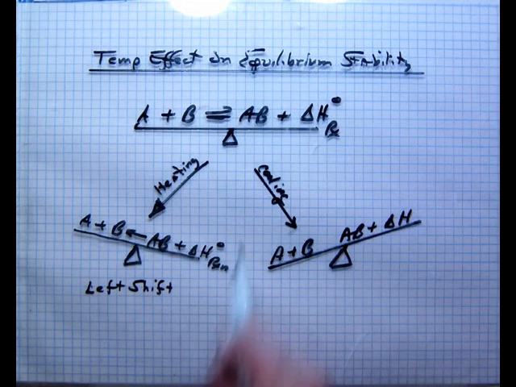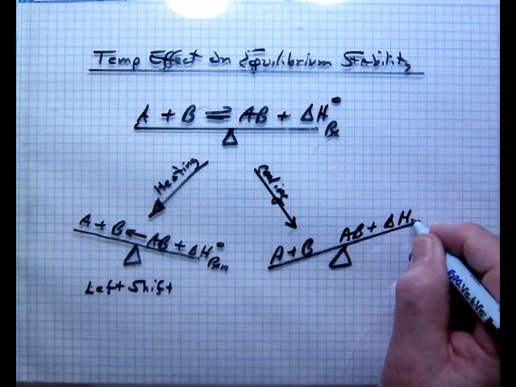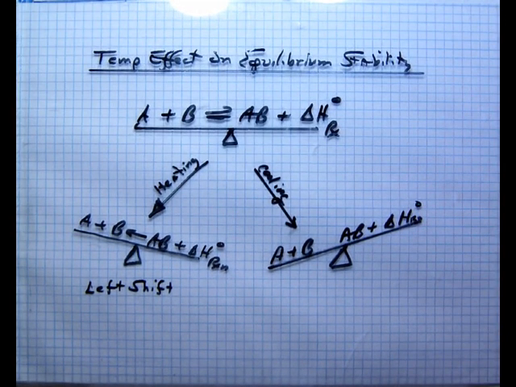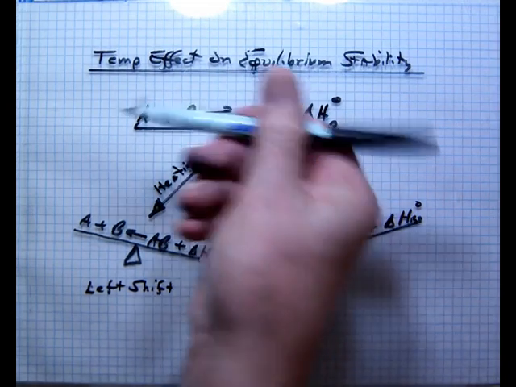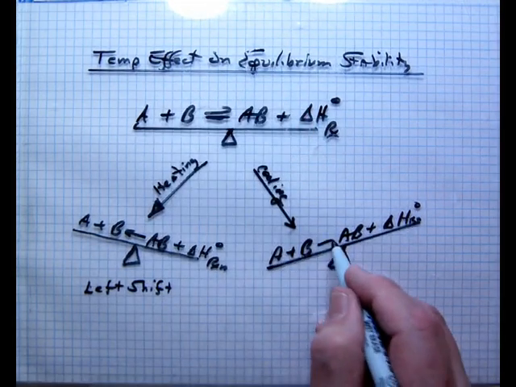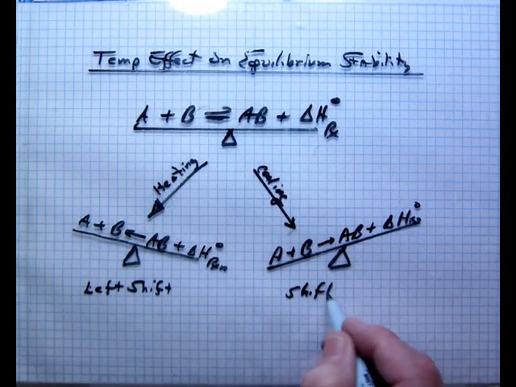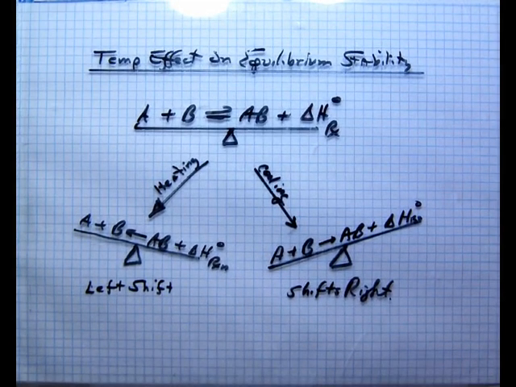The opposite occurs if you cool it. It's like taking mass away from the delta H, if you will. It's going to get lighter on this side and cause a tilt this way, and it will shift to the right. That happens for an exothermic reaction.